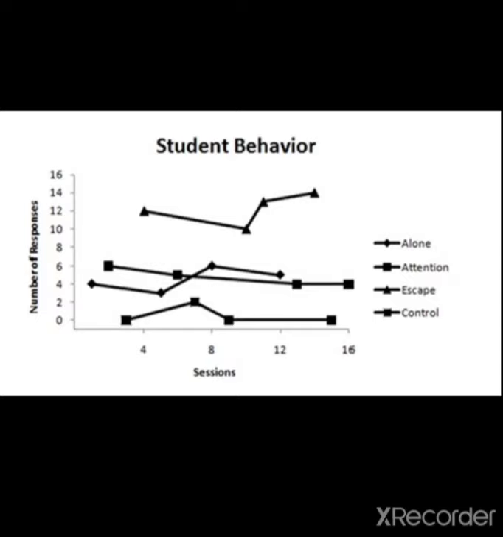Sometimes it looks just like this, where you see that the escape condition is potentially the function of the behavior. And you'll know that it's potentially the function of the behavior because it's the highest on the graph, whereas the other ones are a little bit lower on the graph, so they're not stating that that is the potential function of the behavior. It looks like this is escape maintained.